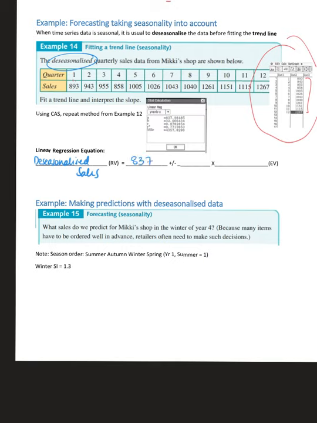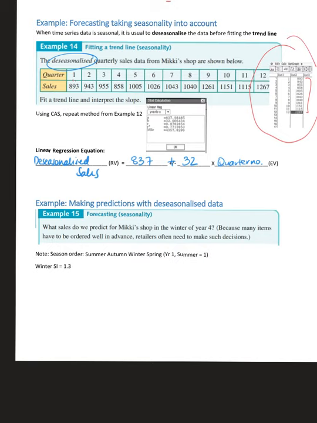Does it give me an instruction? No, I'm just going to do whole numbers. That is plus, it's a positive slope, 32, and that is the quarter number. Okay, so that is my deseasonalised sales linear regression equation. So anything that I sub in there, any forecast I'm doing, is going to give me a deseasonalised quarterly sales figure.